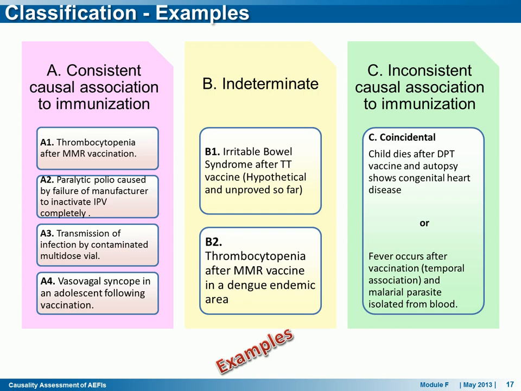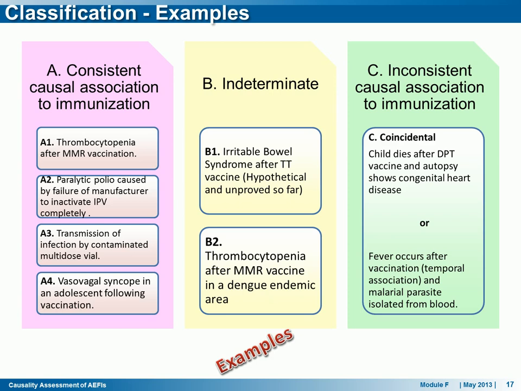A typical example would be a child living in a dengue endemic area who has developed thrombocytopenia after the MMR vaccine. We do not know whether this thrombocytopenia has occurred after the MMR vaccine, or whether the dengue itself was responsible.